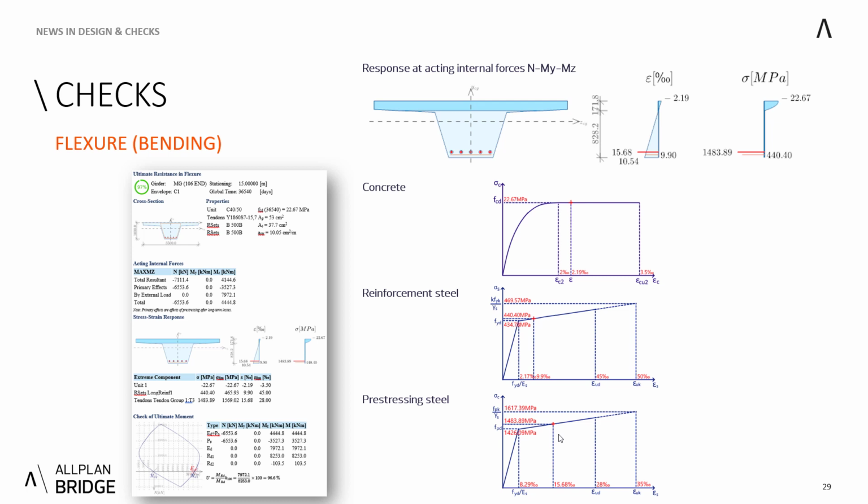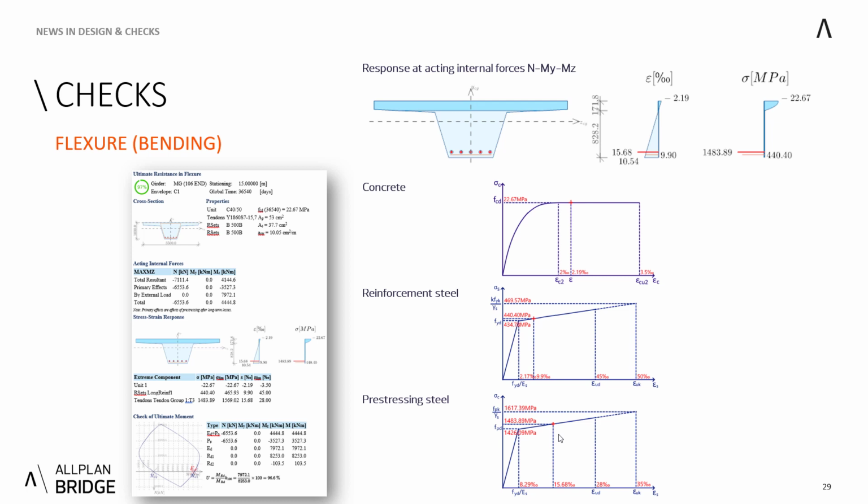So in this case, the example was tuned that no design was performed, but we applied only the bottom reinforcement set with 37.7 centimeters squared of reinforcement area, and it will be the same in all design situations.